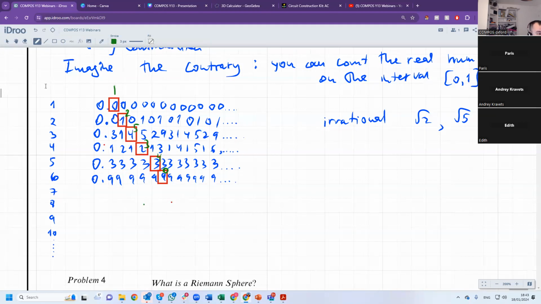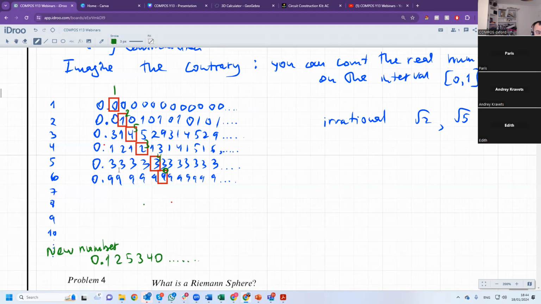And I write down the resulting number. So new number. And I write it 0, 1, 2, 5, 3, 4, 0, etc. So this is a new number, which is different from the first one, because it has a different digit.